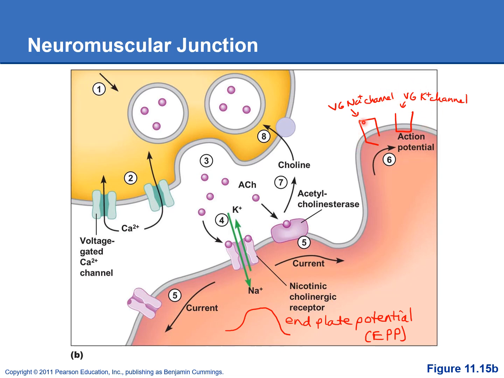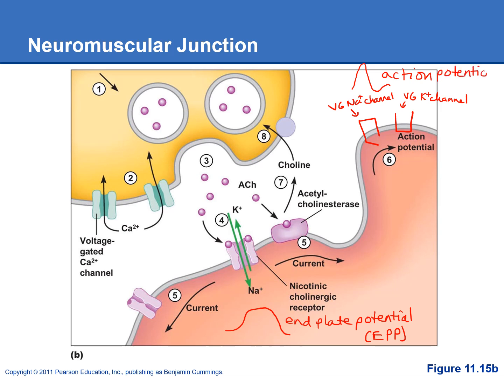And so we're going to reach threshold with our end plate potential, and that'll trigger the opening of these voltage-gated sodium and voltage-gated potassium channels. And that's going to stimulate the production of an action potential in our skeletal muscle cell here.